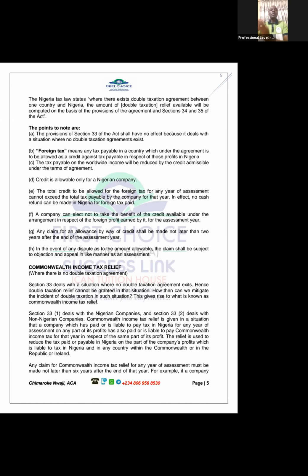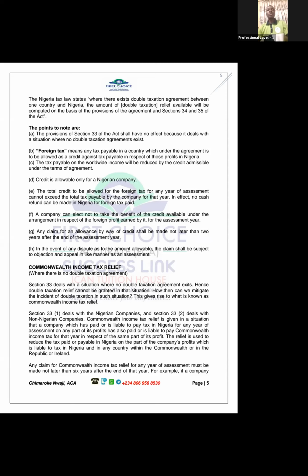So if it's 36%, they will divide it by 2 and say half is 18%. It is that half they will use with Nigerian tax rate. They will say, okay, Nigerian tax rate is 30%, and they'll say 30% minus half of South Africa's rate. So 30 minus 18 is going to give you 12%.